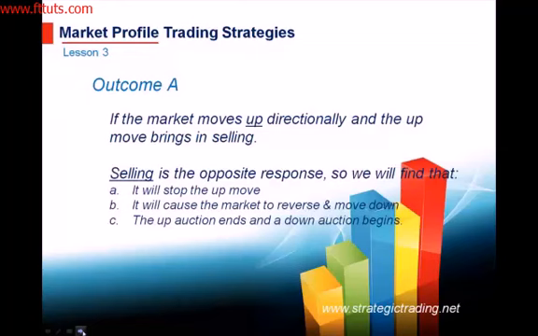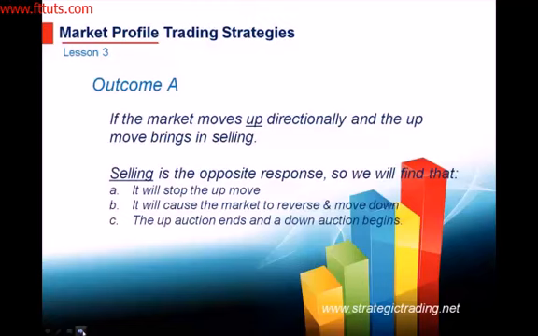So I get to a point, and then all of a sudden, I hit sellers. Now, I'm advertising prices at this point, and who meets me? The sellers. So what is this selling going to do to me? Selling is the opposite response because I was going up, and all of a sudden, I got hit with sellers.